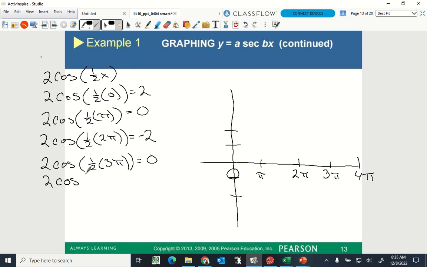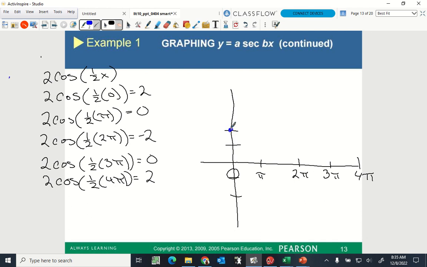2 cosine of 1/2 times 4 pi. 2 pi. Okay, what is cosine at 2 pi? 1. 1 times 2. Alright, so I'm going to do this in blue so we can see where this is. Now, starting off at 0, it's up at 2.